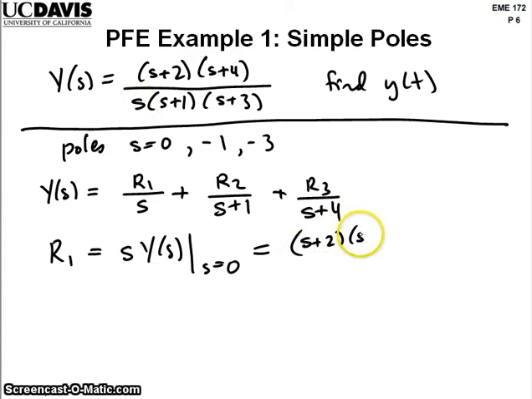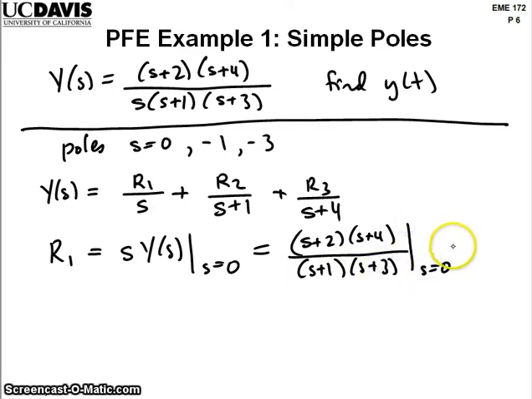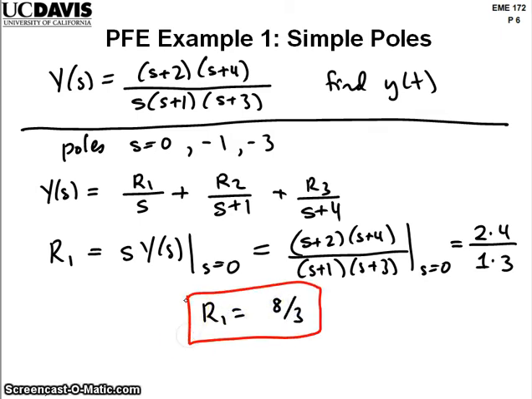So I get s plus 2 times s plus 4 over s plus 1 times s plus 3. I set s equal to 0. I get 2 times 4 in the numerator, and in the denominator I get 1 times 3. So R1 is equal to 8 thirds. That's the first residue.